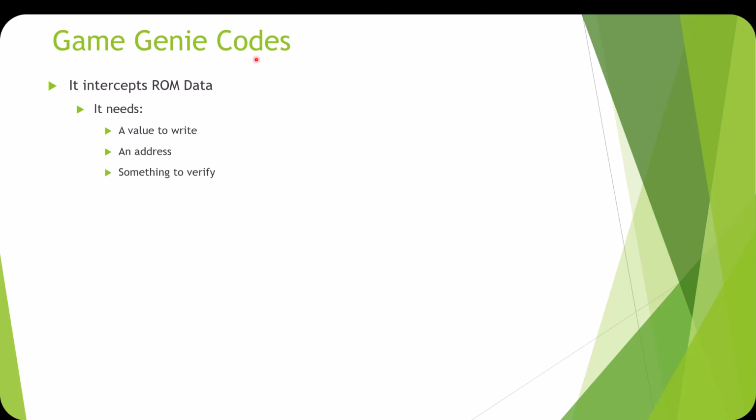So what does the Game Genie need? It needs a value to write, the value that's going to be substituted, it needs a memory address, and something to verify that we are not just inventing a code, right? So let's try to decode one of those codes. Let's go for this code.